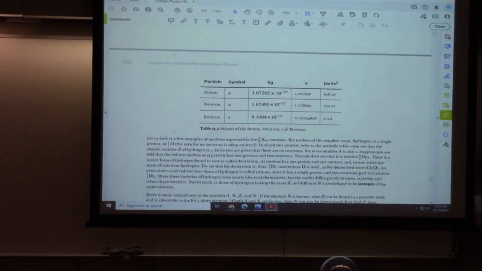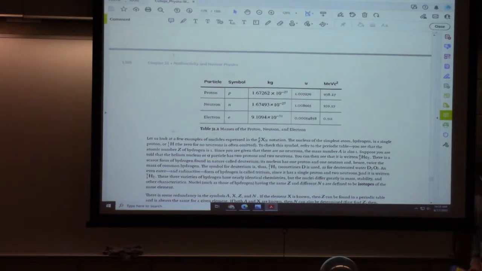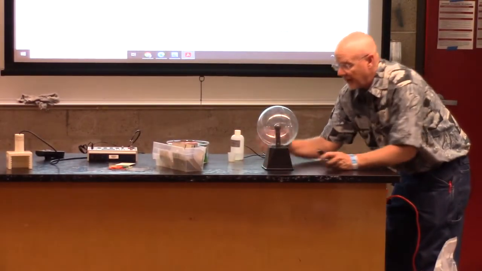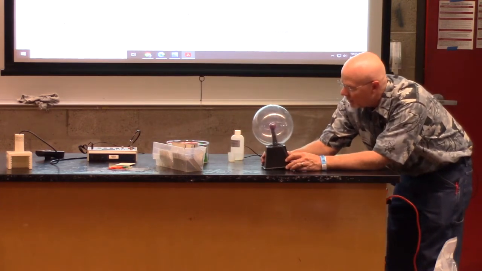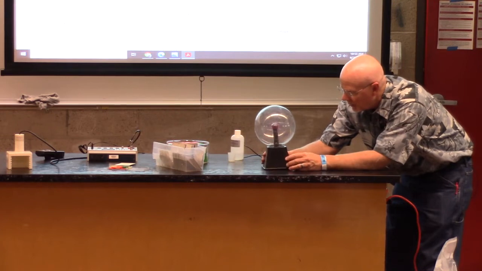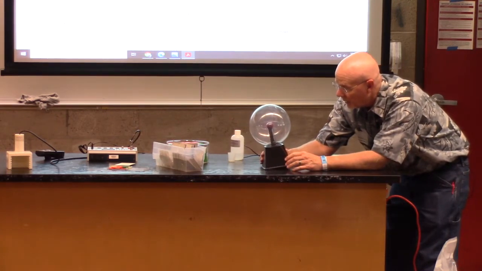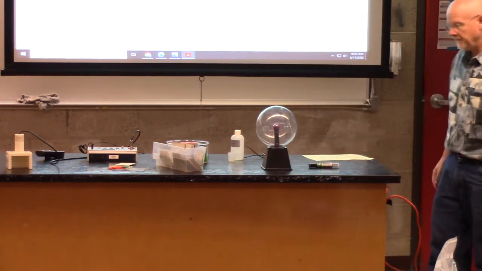of our atoms here. But I did think that this isn't quite the same, but it's kind of nice to see. Maybe you've come across these plasma balls. Give it a chance to warm up.